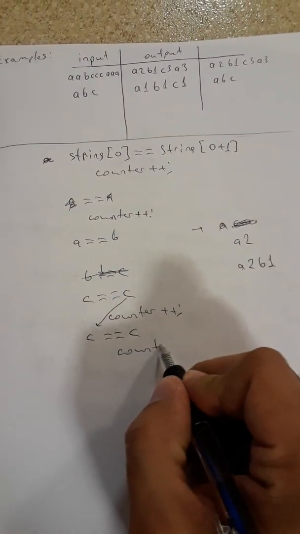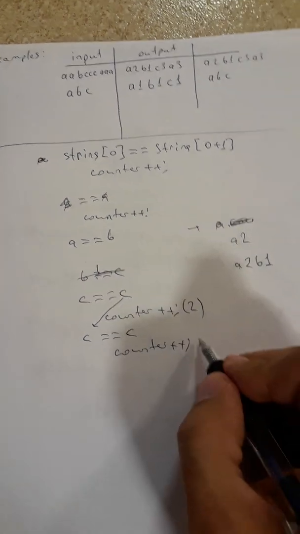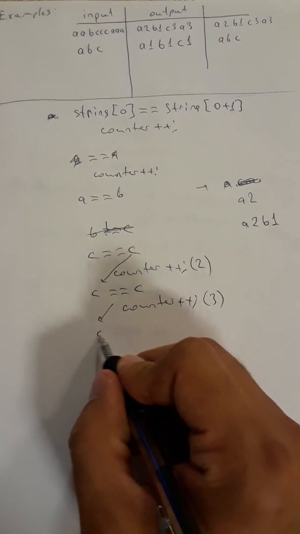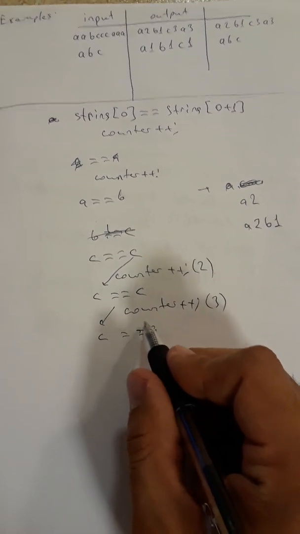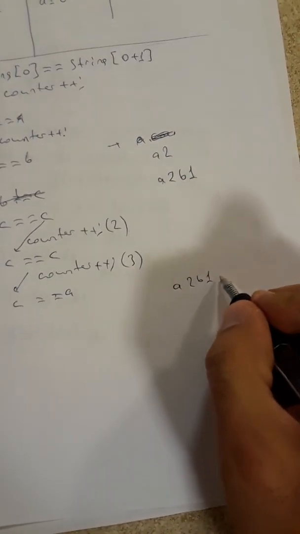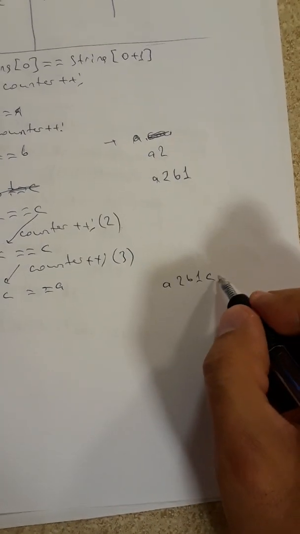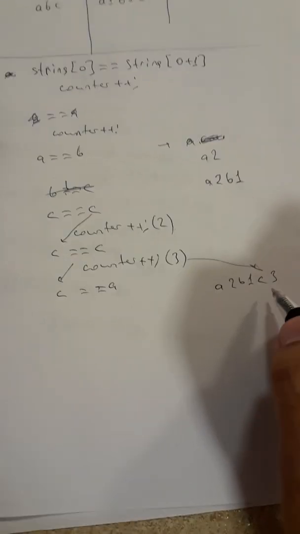We'll again increment our counter, so here the counter will be 2, here will be 3, and once we reach the end, we will see that it's not equal to A. We'll append our C to our string, and we will append our counter value.